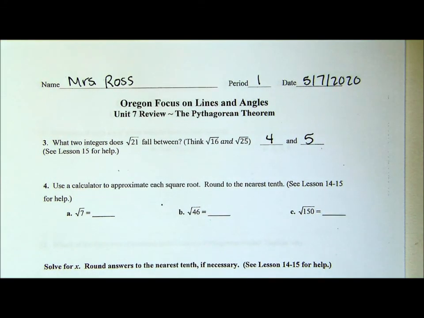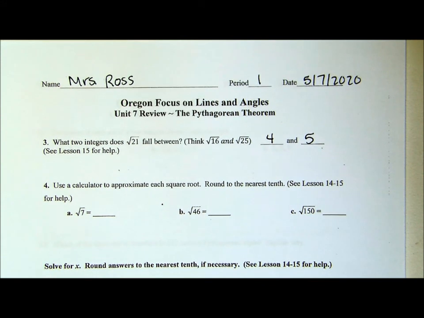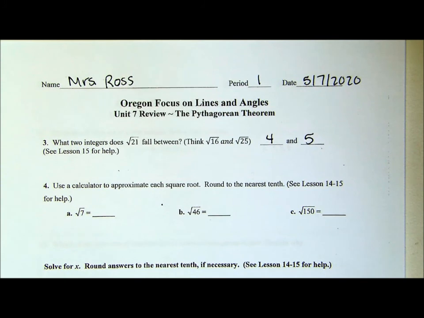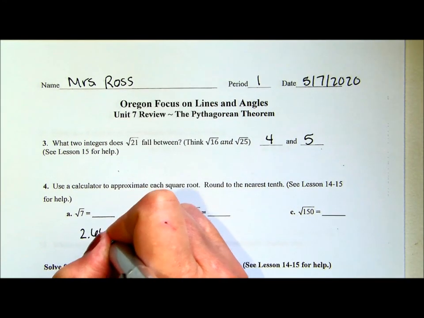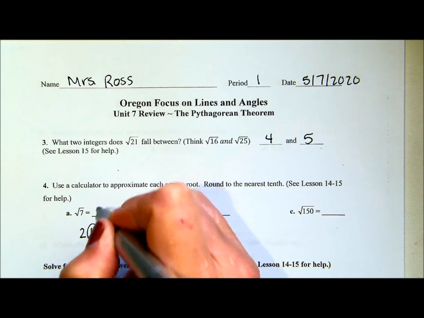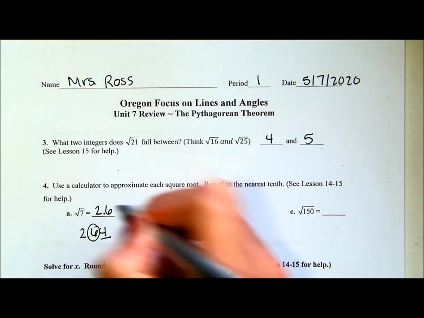Next, use a calculator to approximate each square root, and I want you to round to the nearest tenth. This is something, again, where you can seek out help in lesson 14 and 15. Now, the square root of 7 is going to be approximately 2.64, so the 6 is going to stay as 6. So 2.6 is our answer.